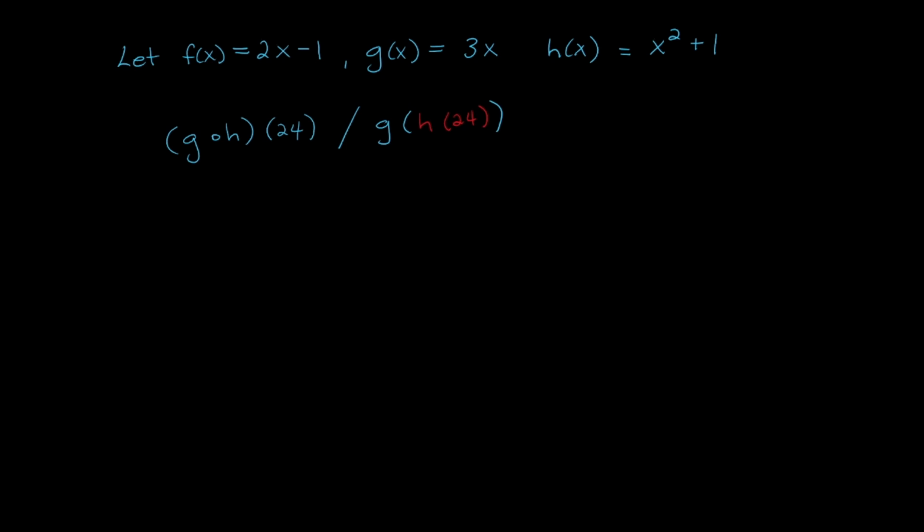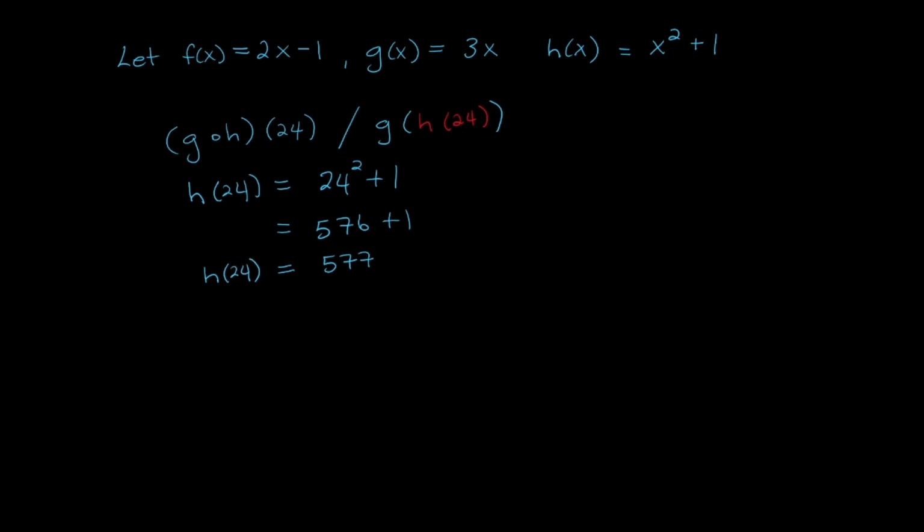We would first need to solve for h of 24, which should be equal to 24 squared plus 1, or 576 plus 1, which is 577. And that should be our h of 24.